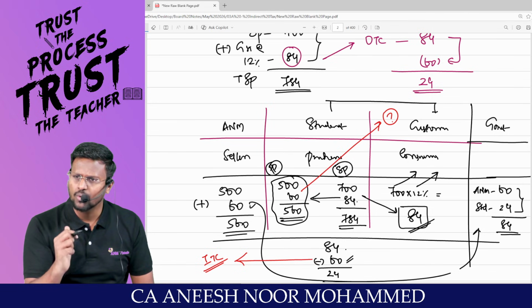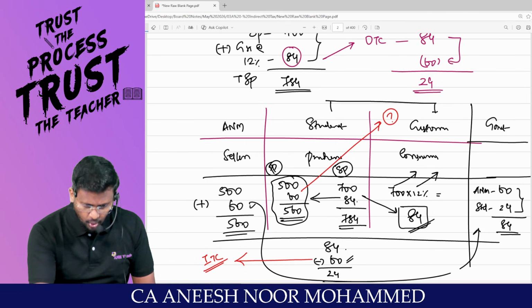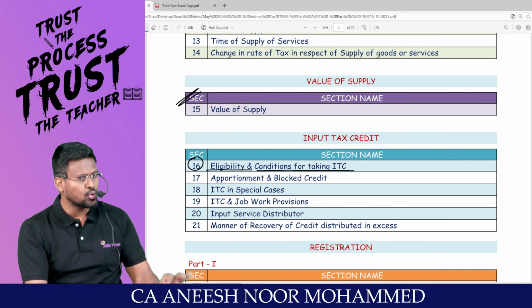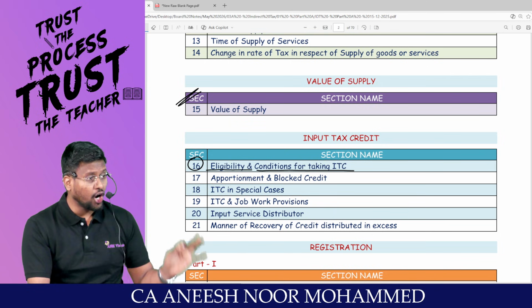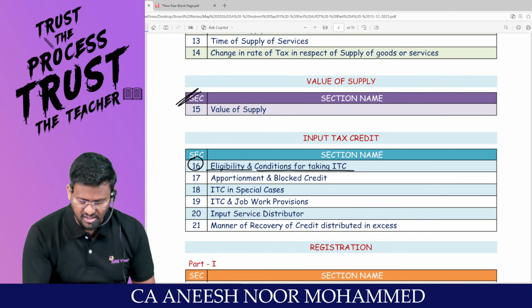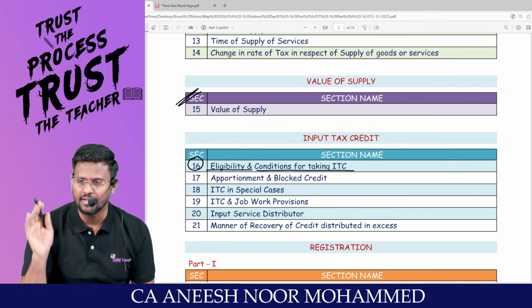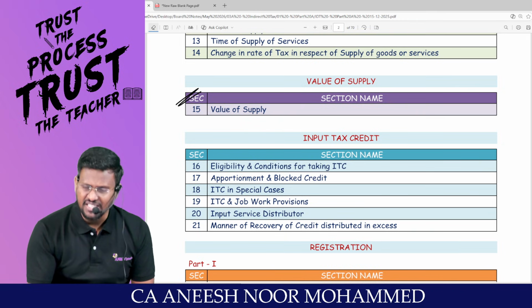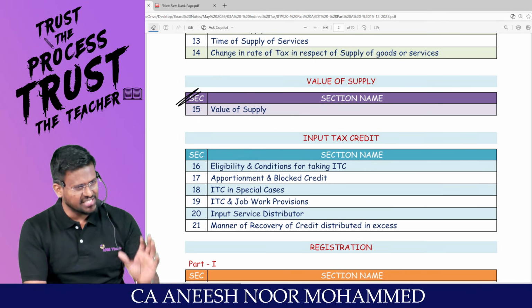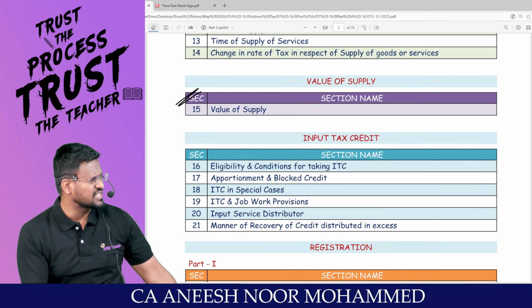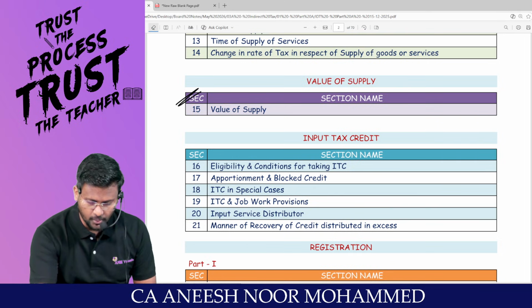My dear lovable students, why are you claiming ITC? So, there are certain conditions to be satisfied in order to claim ITC. That's section 16, the basic section for ITC. You say it as the basic section, that is, what are the basic conditions to be satisfied. Are you all really with me?